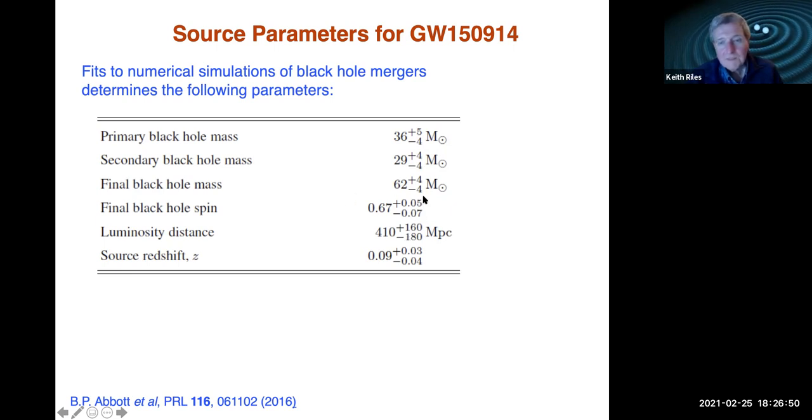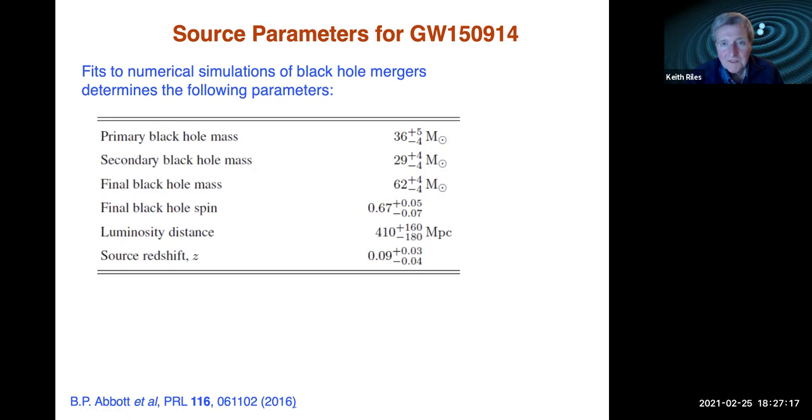The black hole spin is a measure of the angular momentum divided by the maximum allowed for a black hole of that mass by general relativity. It's pretty high. You expect it to be around 70%, and what was inferred was 67%. The luminosity distance, the distance to which it appears to be, was about 400 megaparsecs, about 1.3 billion light years away, and it had a significant redshift of 0.09.